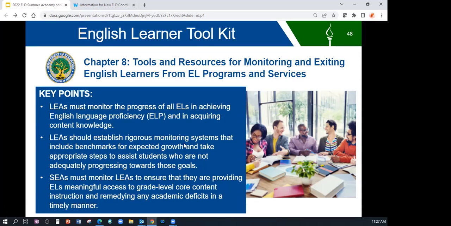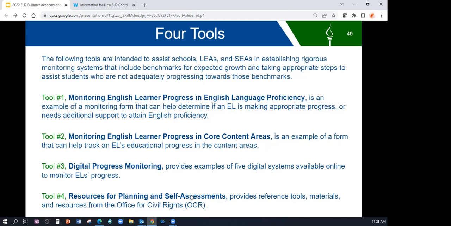You have to have a rigorous monitoring system that includes benchmarks for expected growth and steps that you take if they're not making progress. And then we also monitor to make sure that you're providing access to grade level core content and that you're working on any problems. If your students aren't making progress, what are you doing about it? So those are things that we look at the state level.